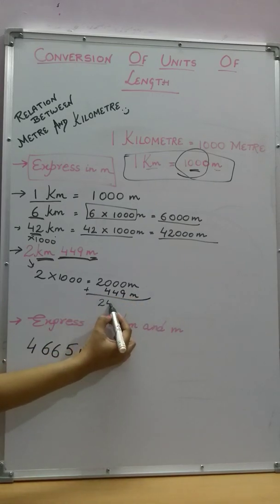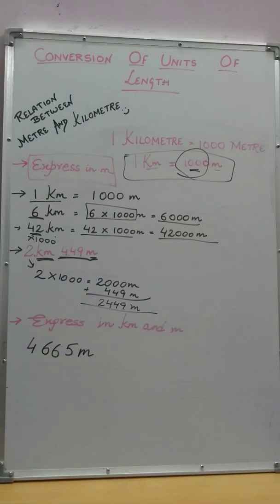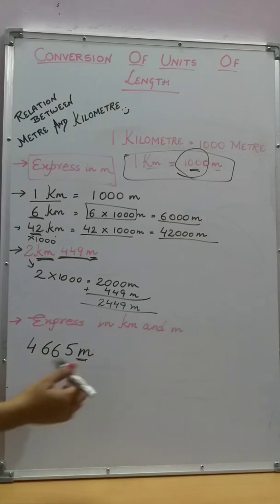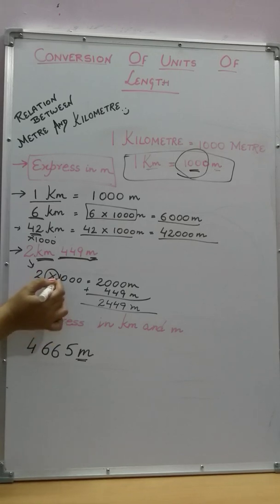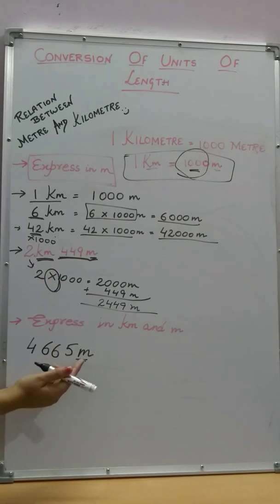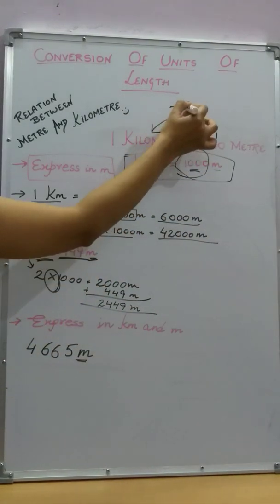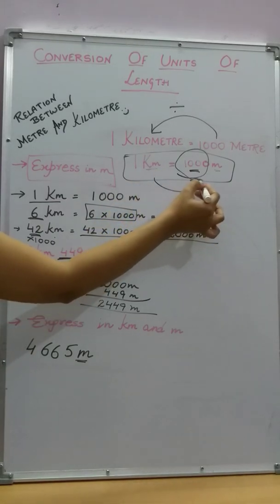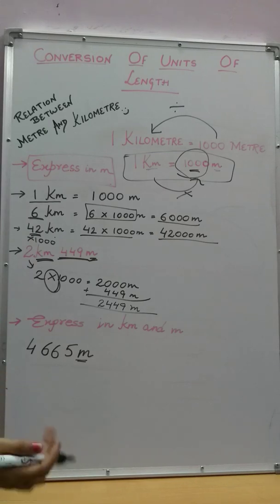So it will be 2449 meter. But if you have to express meter in kilometer and meter, what to do? While converting meter to kilometer we have to divide, and kilometer to meter we have to multiply, same as centimeter and meter.